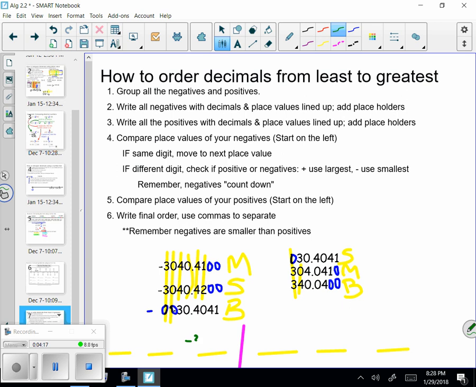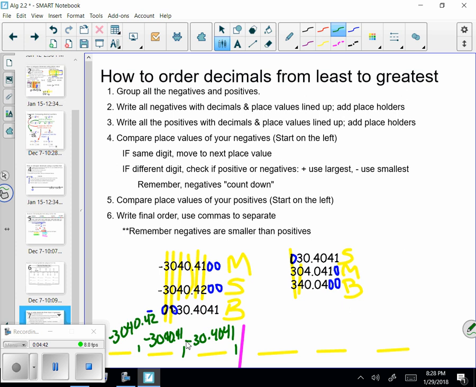Negative 30.4041. When I found out the top number in the negatives was my middle number, I could fill it in. Negative 3040.41, and finally negative 3040.42. Comma, comma, comma.